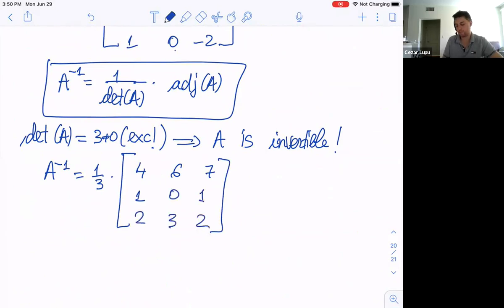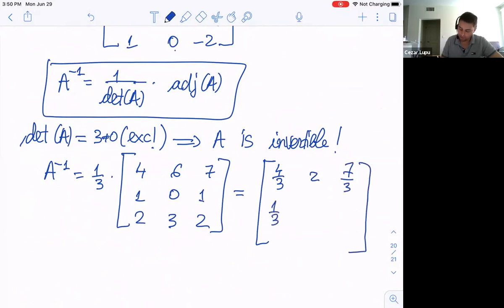Then you can plug this in. Since this is a scalar and we're multiplying by a matrix, we'll get 4/3, 2, 7/3, 1/3, 0, 1/3, 2/3, 1, and 2/3. Okay, so that's the inverse of the matrix.